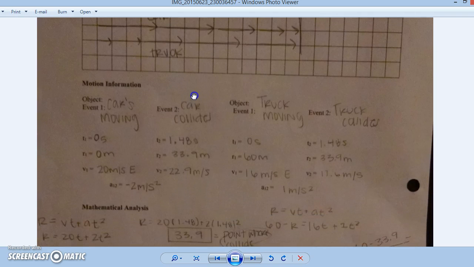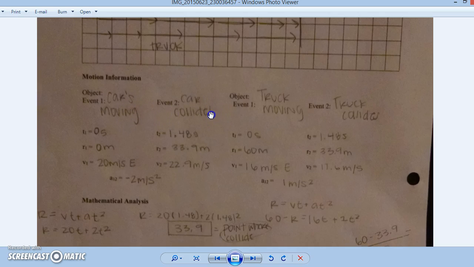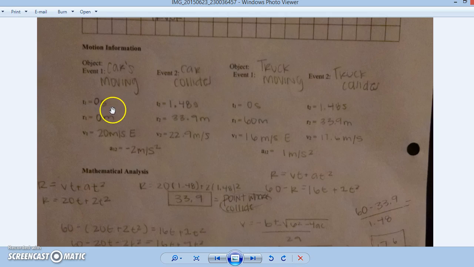So for the motion information, for object 1, event 1, the car is moving, and event 2 is that the cars collide. For object 2, event 1, the truck is moving, and event 2 is that the truck collides. For object 1, time 1 is 0 seconds, R1 is 0 meters, and V1 is 20 meters per second east, because velocity shows a direction, and then the acceleration is -2 meters per second squared.